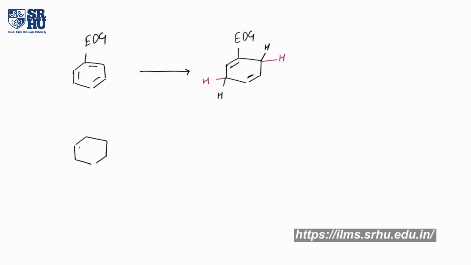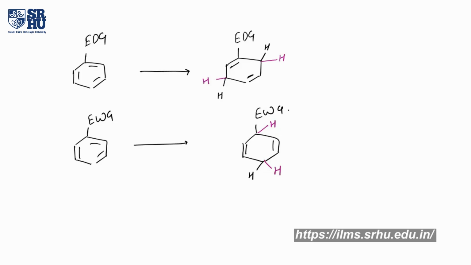Whereas if you have an electron withdrawing group, it basically forms the two hydrogens at the adjacent position.